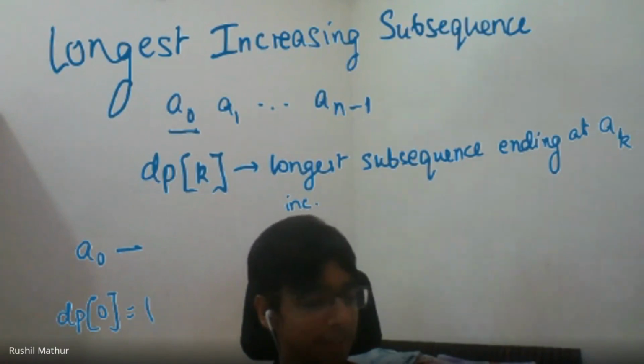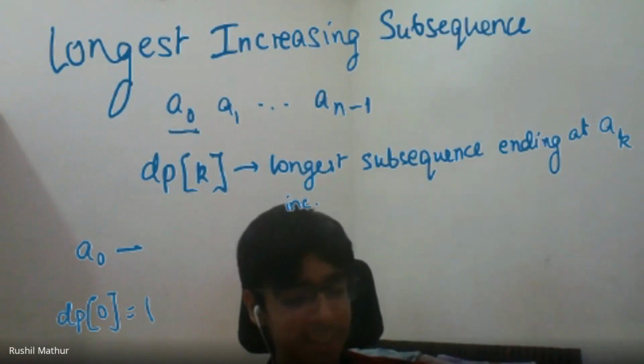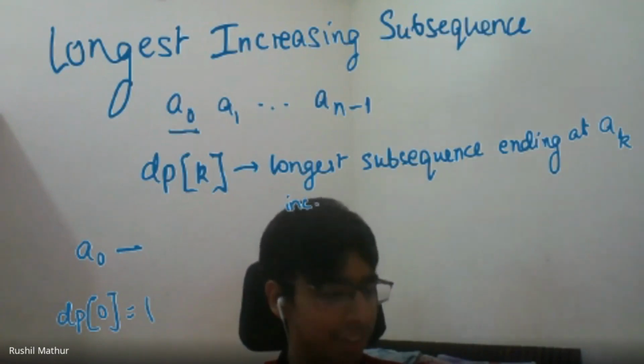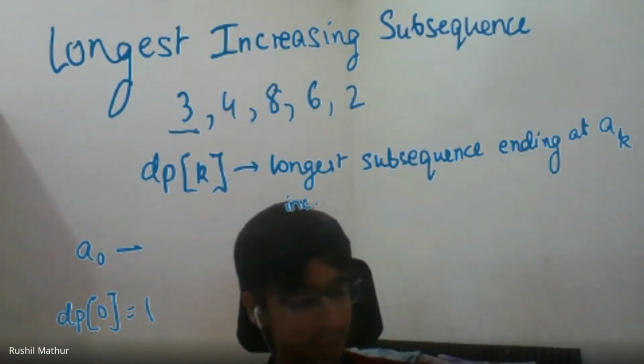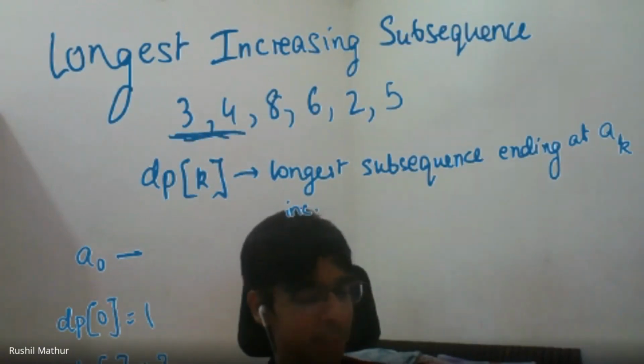DP[1] will depend on whether A[0] was less than A[1]. Let's say the array was 3, 4, 8, 6, 2, 5. Is it visible? The numbers? Wait, I'll write it. Okay. So 3 is less than 4, so you can say DP[1] is 2, because you can pick two elements in the subsequence ending at 4.